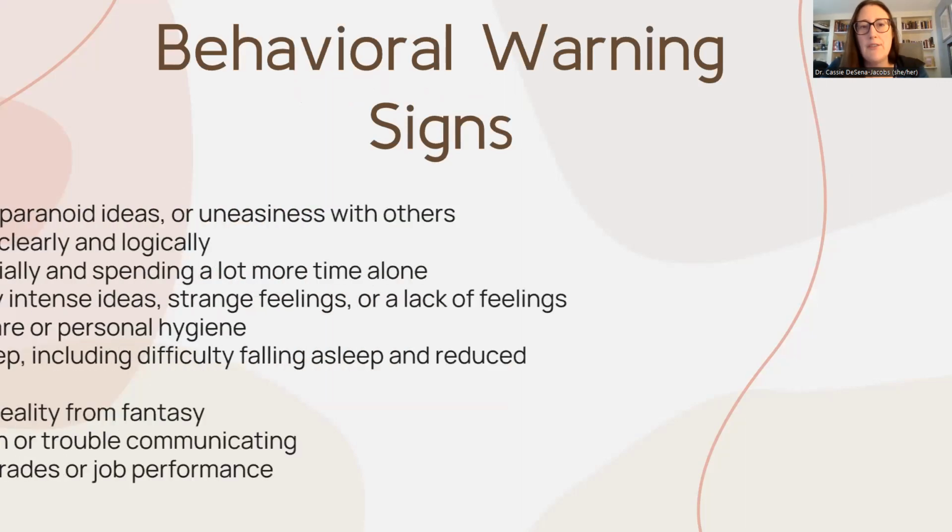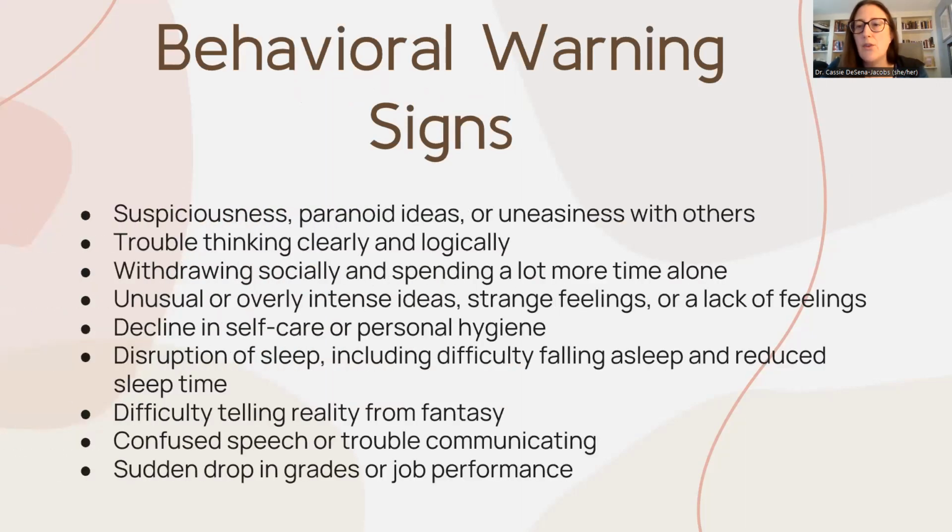So we want to talk about behavioral warning signs. Along with the symptoms just mentioned, a person with psychosis could also experience more general changes in their behavior. Those include emotional disruptions, anxiety, lack of motivation, difficulty with their overall functioning.